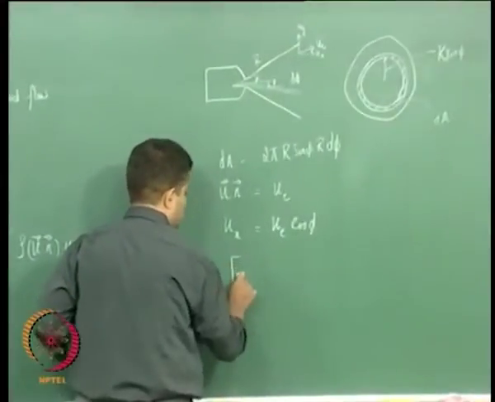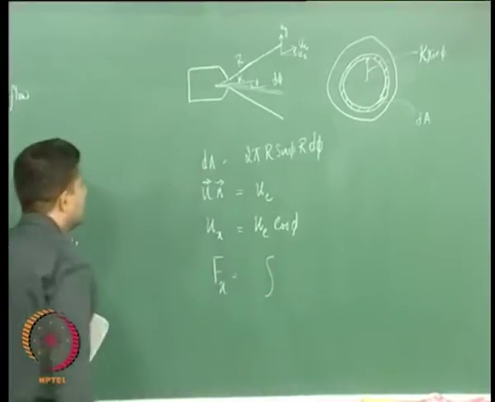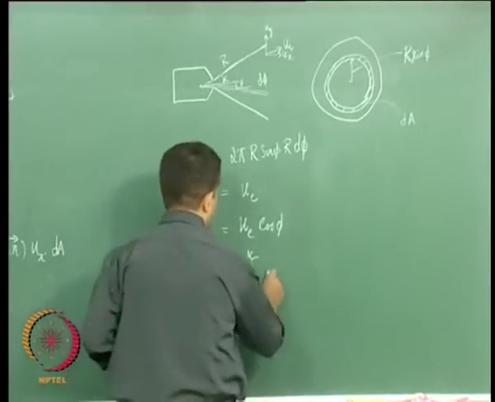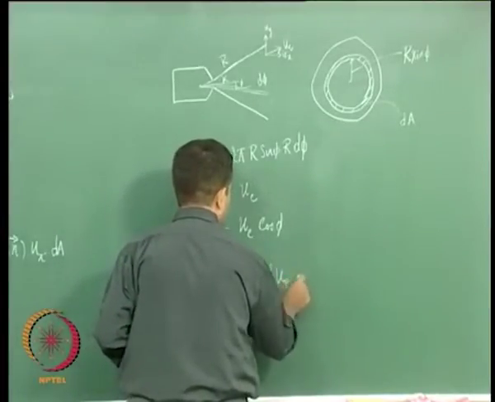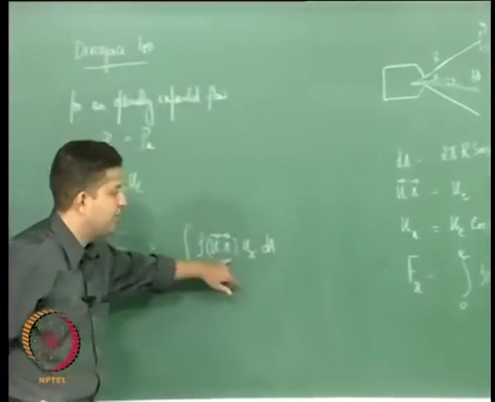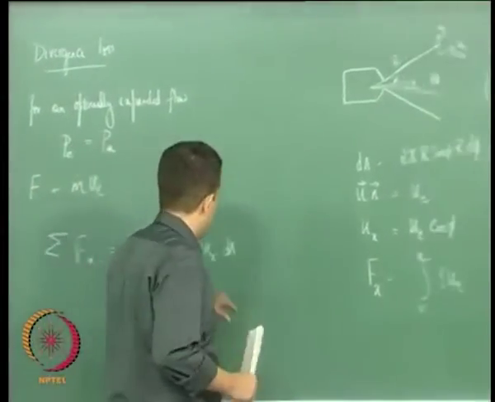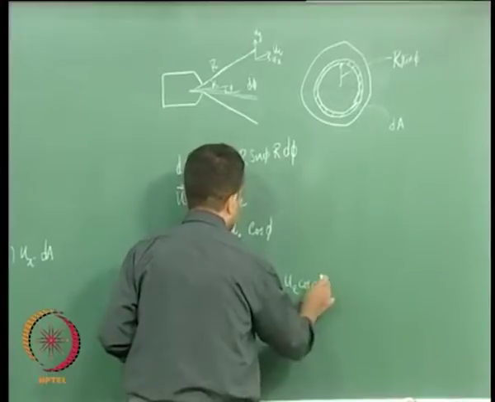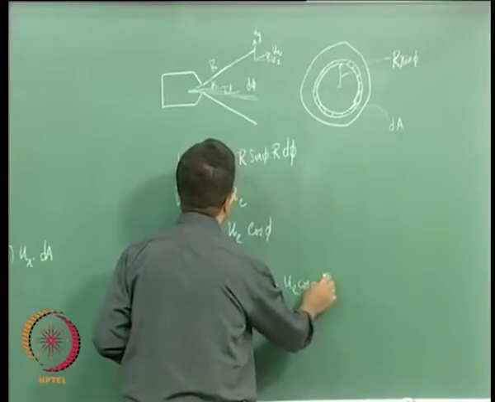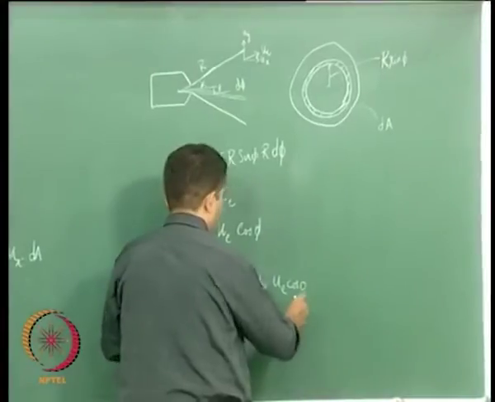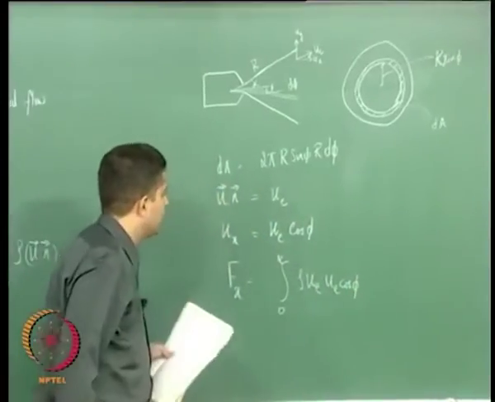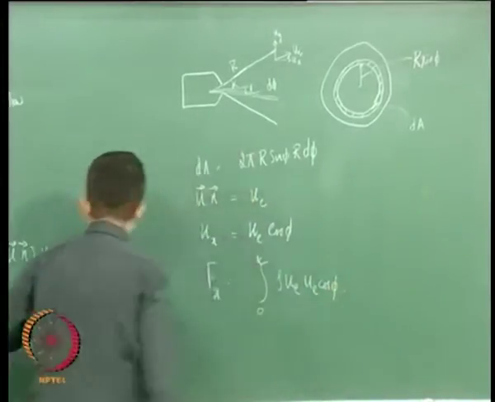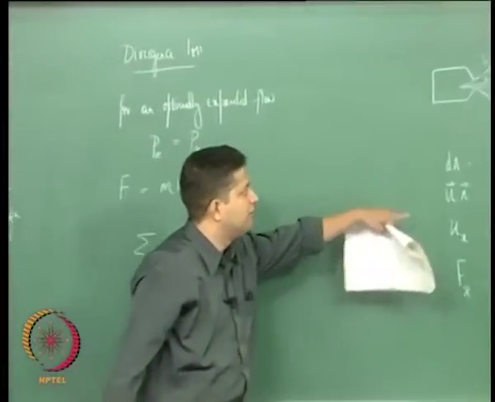F x is equal to integral 0 to alpha, u dot n becomes u e, and u x is nothing but u e cos phi, into the elemental area dA, which is given by this.